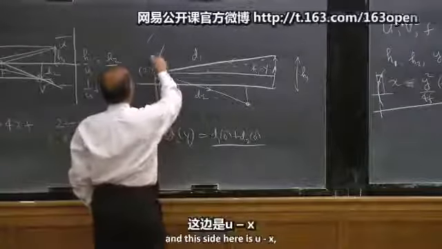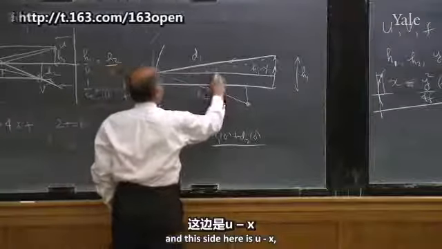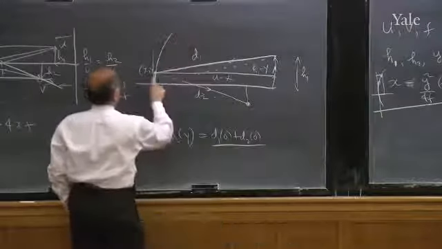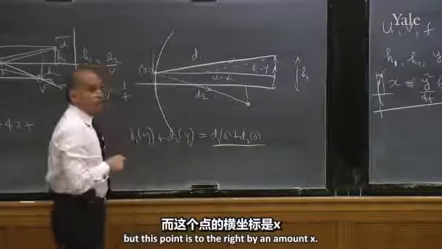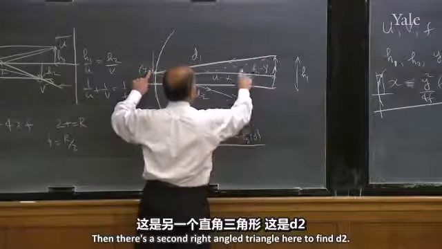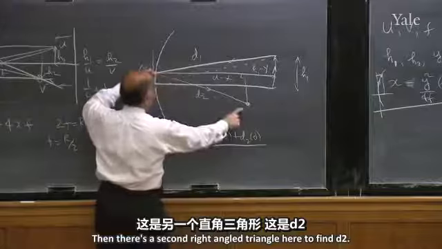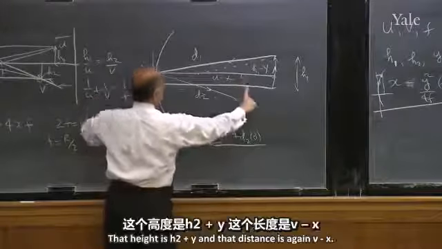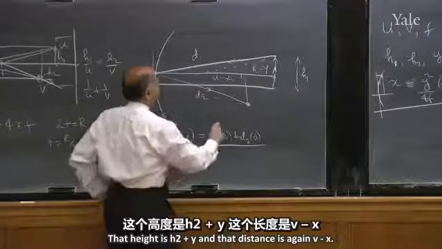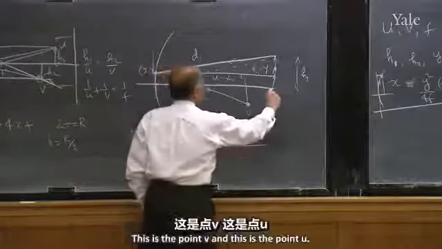And this side here is u minus x, because u brings you from here to the mirror, but this point is to the right by an amount x. That's this right triangle. Then there's a second right angle triangle here to find d2. That height is h2 plus y, and that distance is again v minus x. This is the point v, and this is the point u.